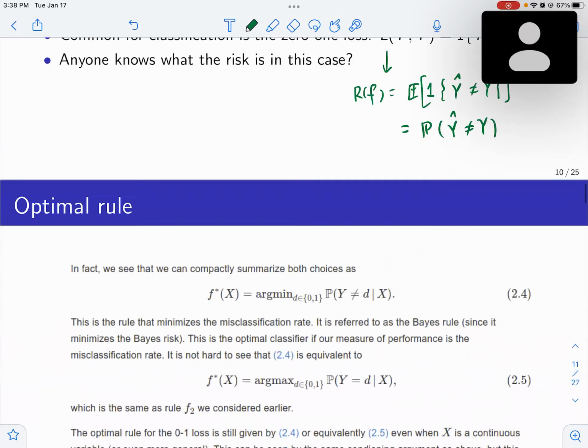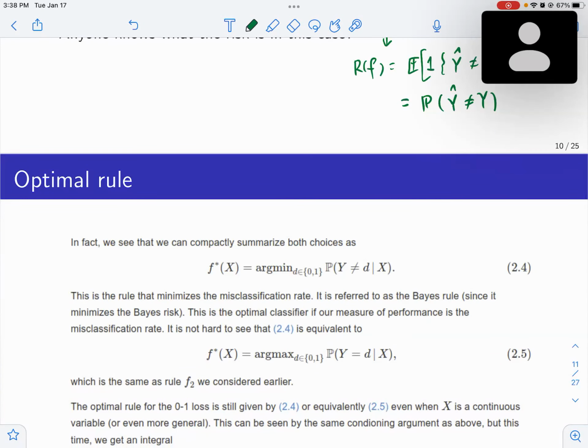And we did the argument, and it turned out that the optimal rule minimizes the so-called posterior risk. You can think of it as just this, but conditional on x. That's posterior, given that we see the data.